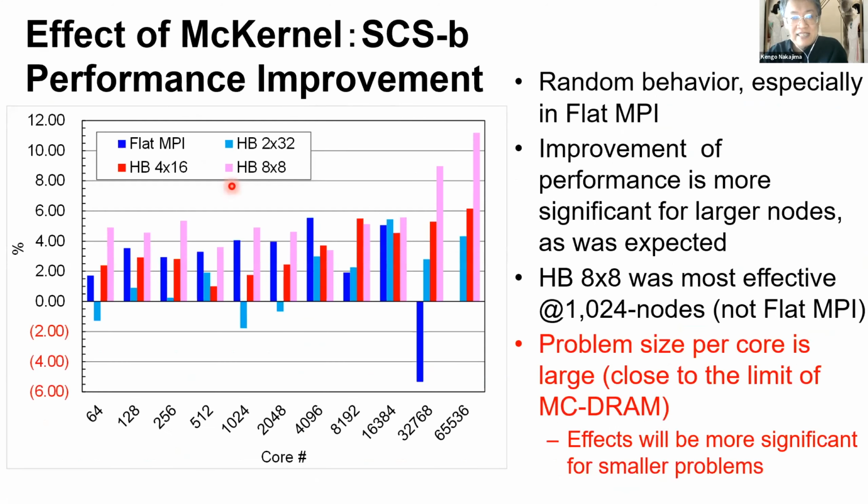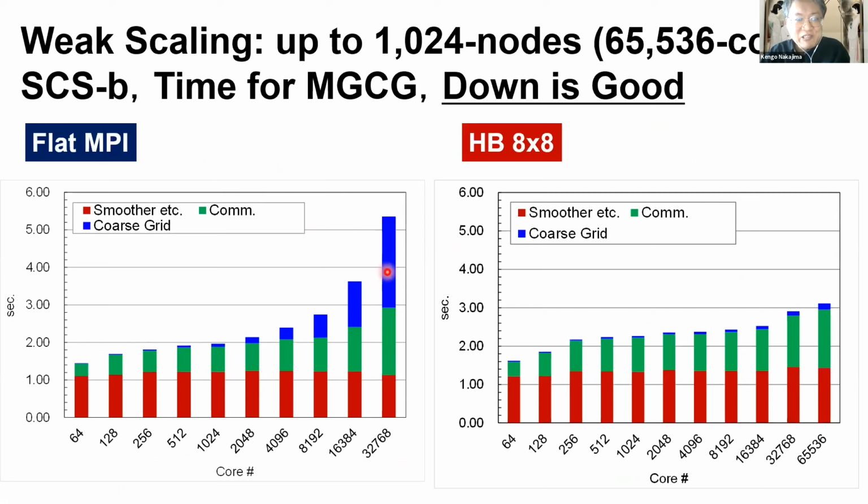No. As I mentioned on this page, the bad performance of flat MPI is not due to the communications. It is due to the coarse grid solver, so this is mainly due to the algorithm. So the MPI library doesn't matter, I think. Thank you.